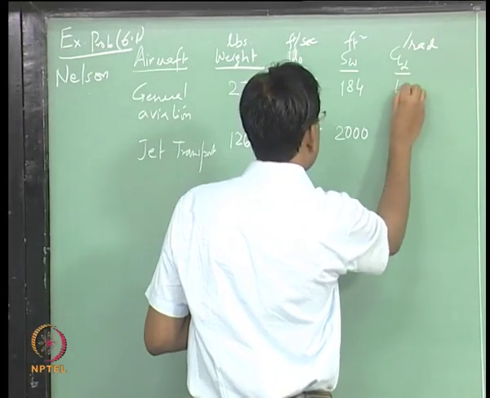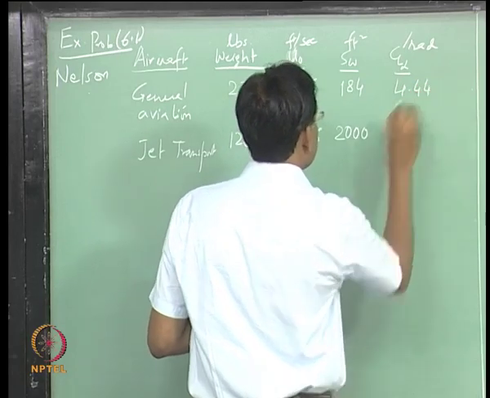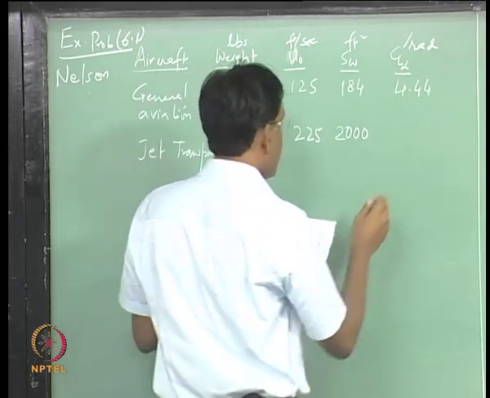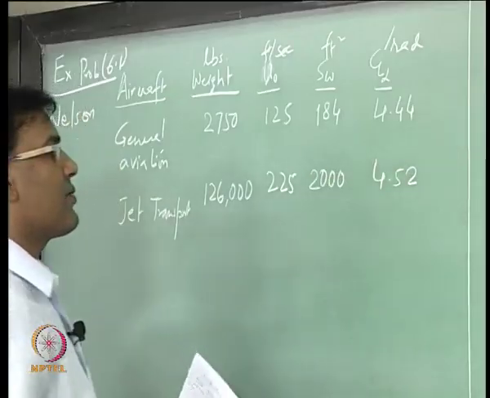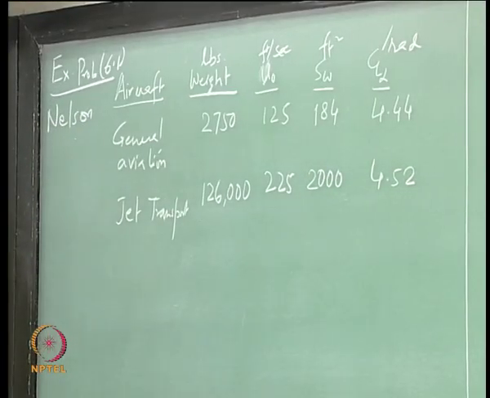Cl alpha is 4.44 for the general aviation aircraft and 4.52 for the jet transport. Okay.